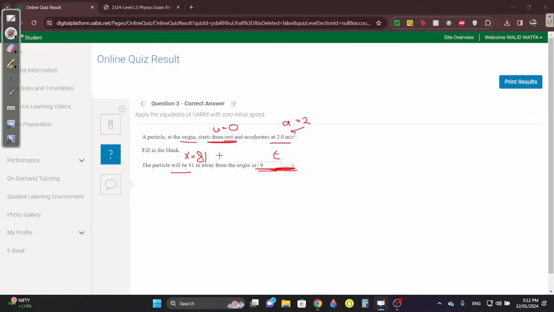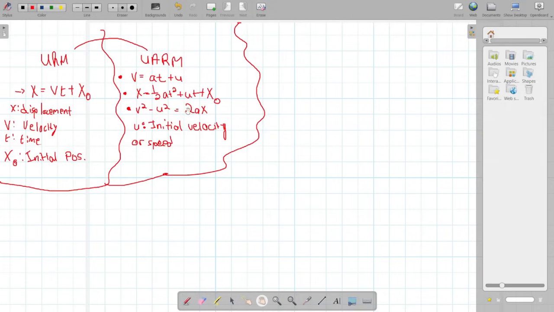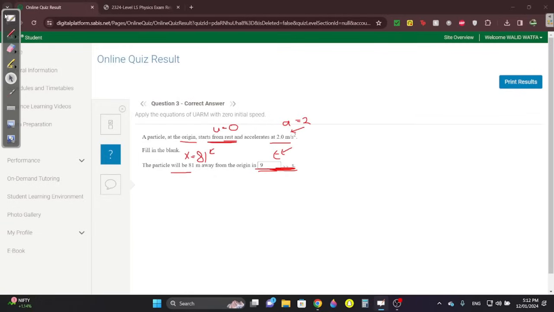They gave you displacement x, and they want the time. The formula that has x, a, t, and u is x equals half at squared plus ut plus x naught. That's the formula.